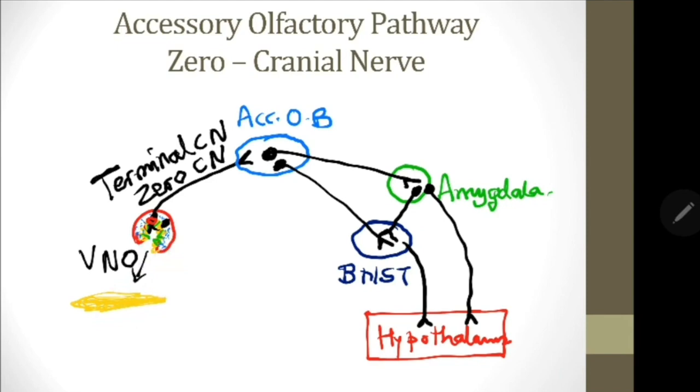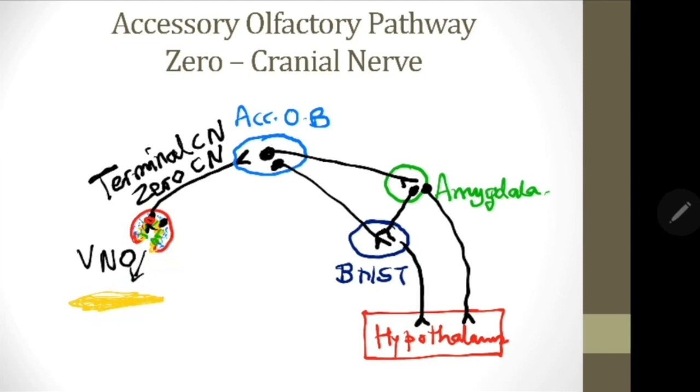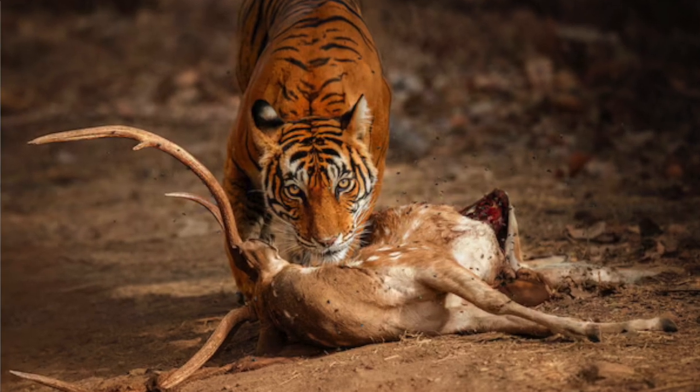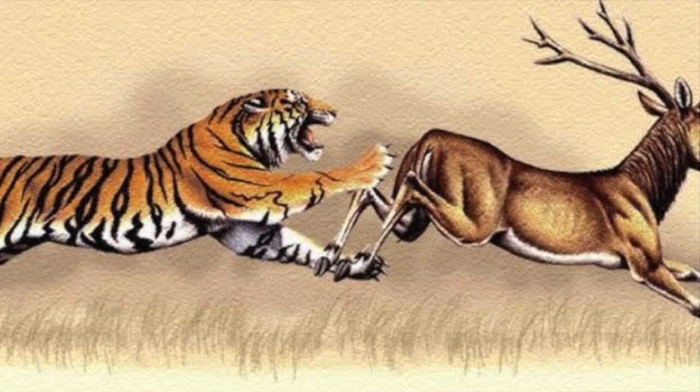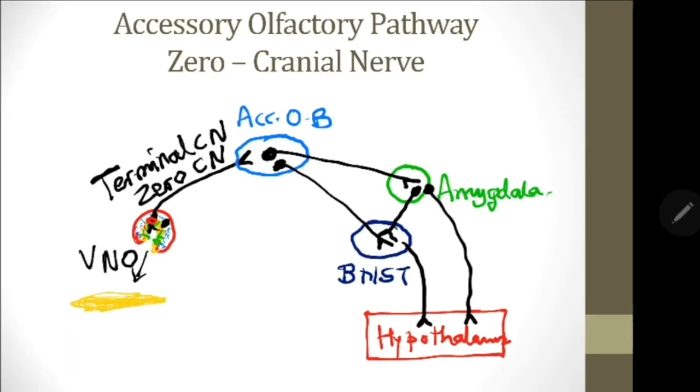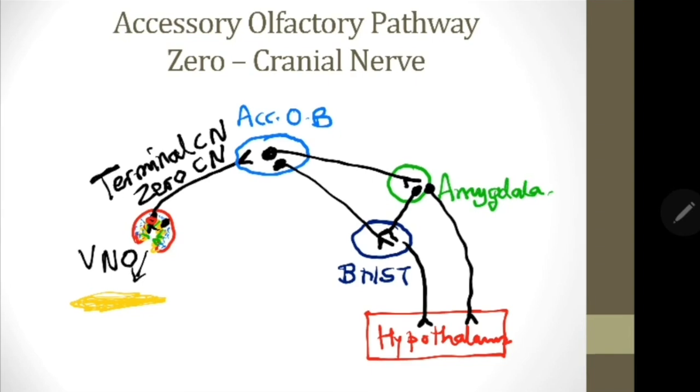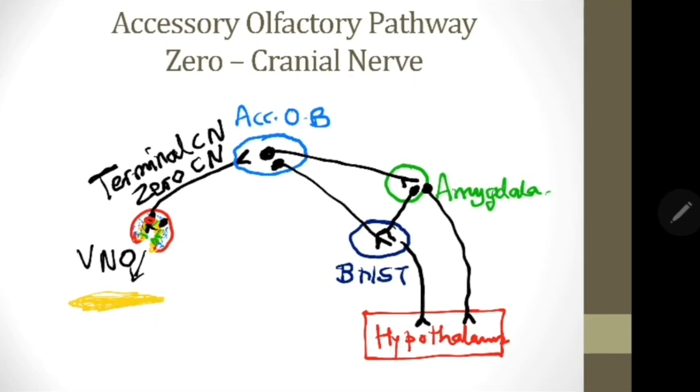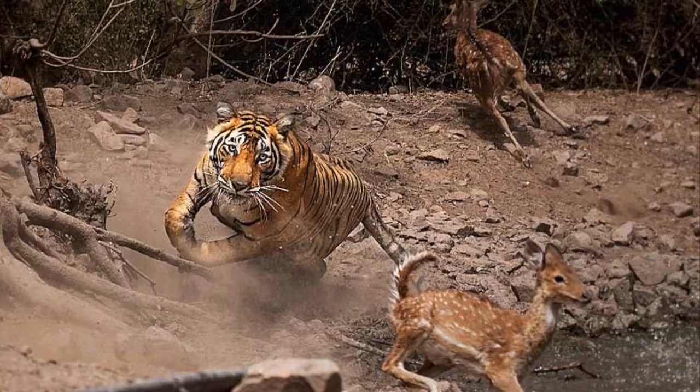If after smelling they perceive that the smell is from something tasty to eat, that animal will be taken as prey, and the animal will chase it to fulfill its hunger. If the smell is of some bigger animal, might be a predator, then the animal smelling it might find a way to escape to save its life.